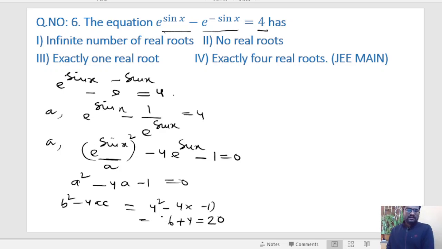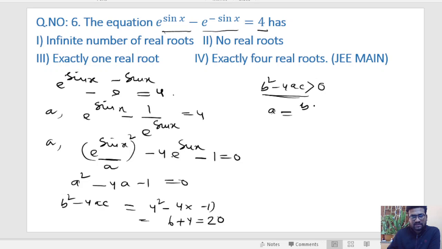Okay, so the discriminant b square minus 4ac is greater than 0, and the roots of the equation are minus b plus minus root under b square minus 4ac, by 2a.